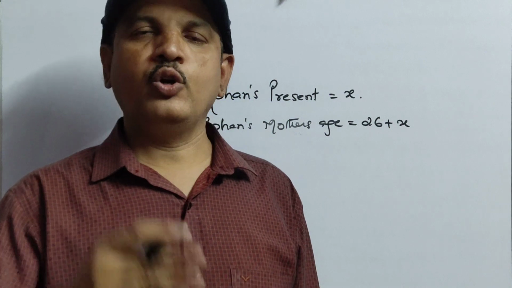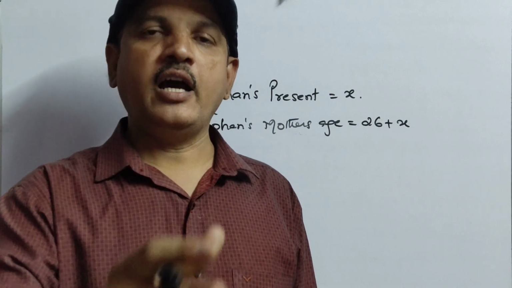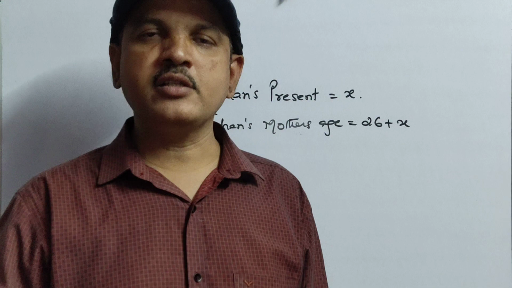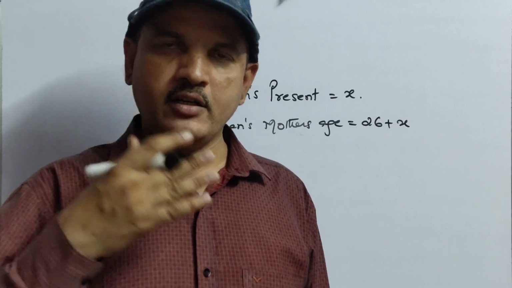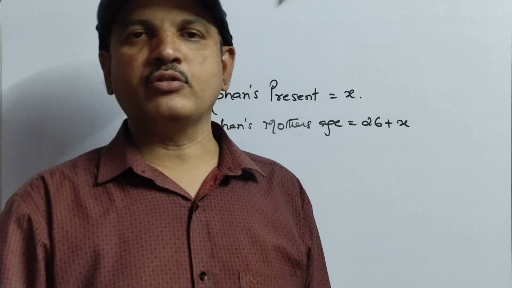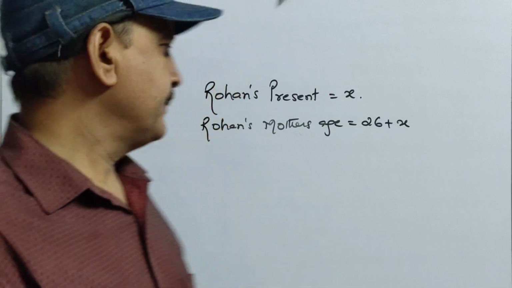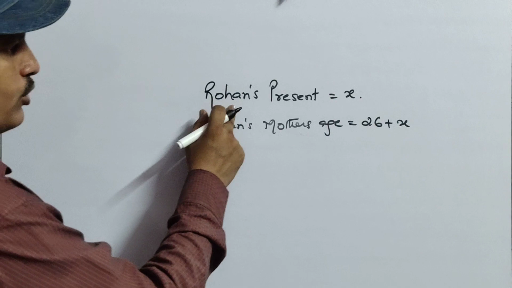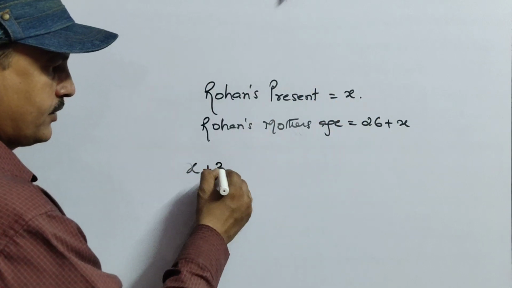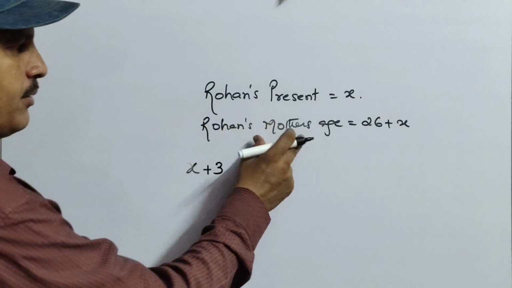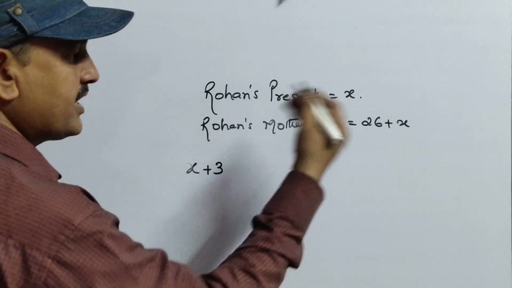So when my age increases, yours also increases. Similarly, after 3 years Rohan's age means x plus 3, and mother's age is 26 plus x plus 3.